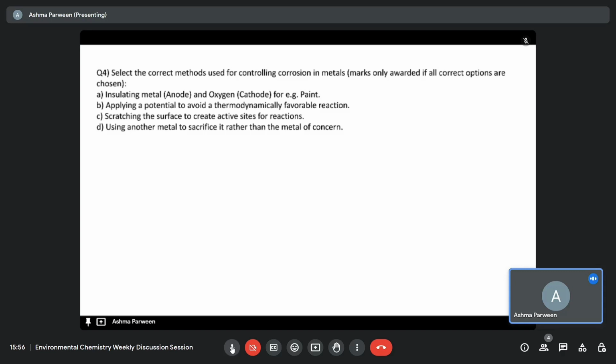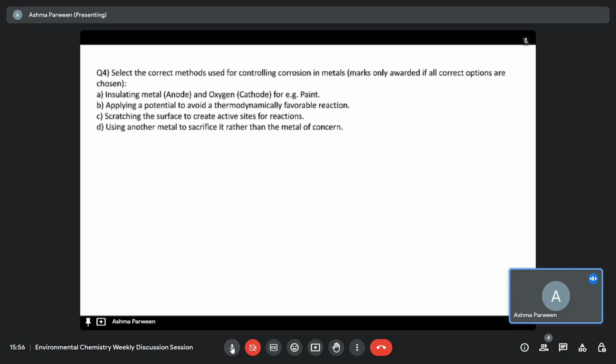If you apply some potential that makes the corrosion reaction unfavorable, then it will not happen and the metal will be protected. Next is scratching the surface to create active sites for reaction. If we scratch the surface, there will be more roughness and more active sites on which the reaction can take place. So this will favor the corrosion of metals rather than protect them. So this option is not correct.